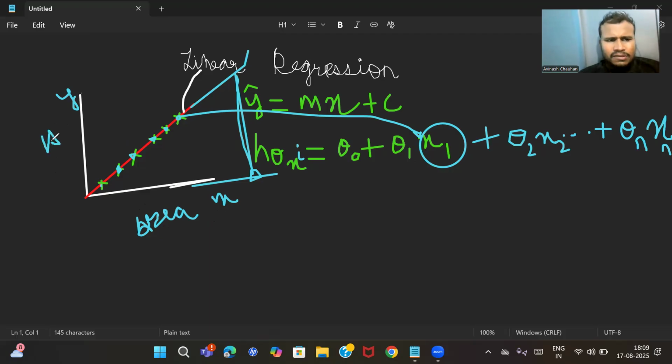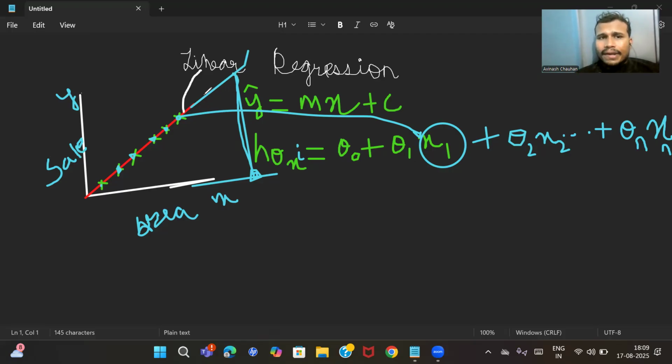And this is my sales. This is my sales, right? So basically, in this particular area, what will be my sales? So we are predicting that value. So again, how are we going to predict it?